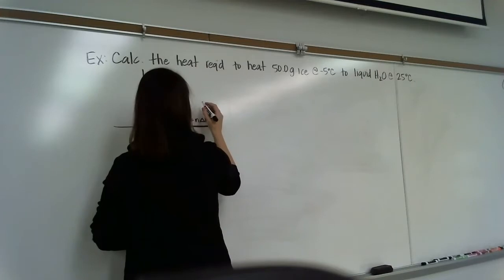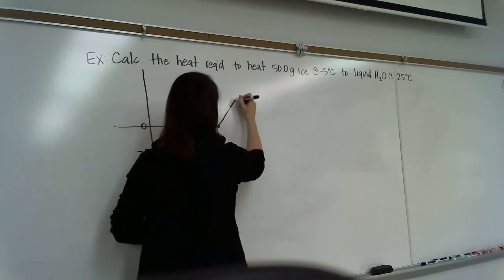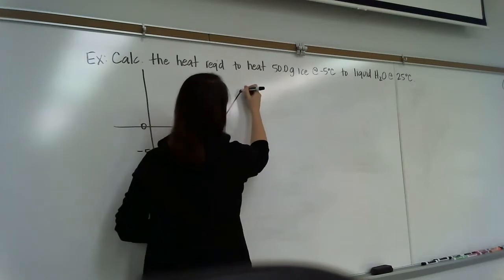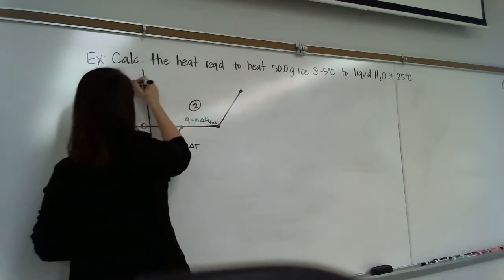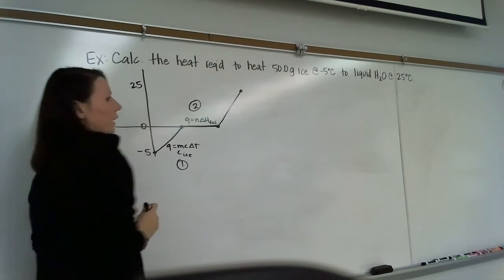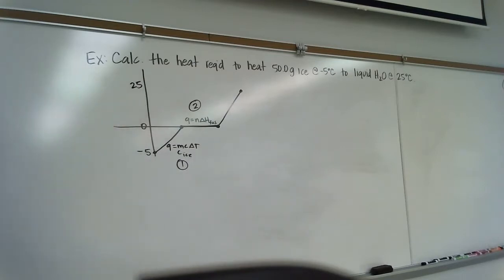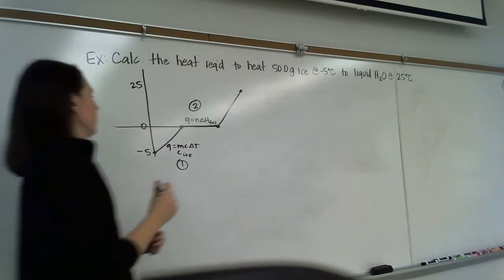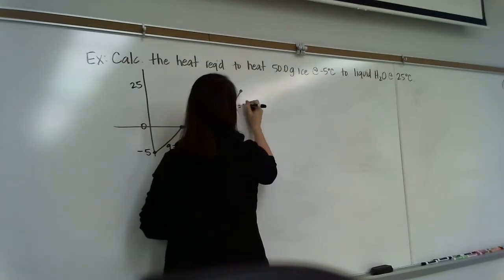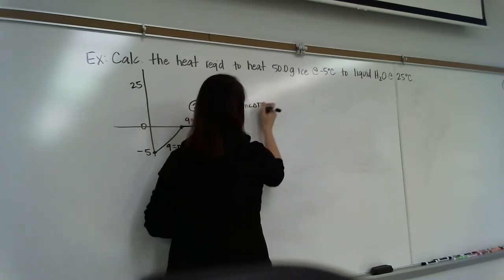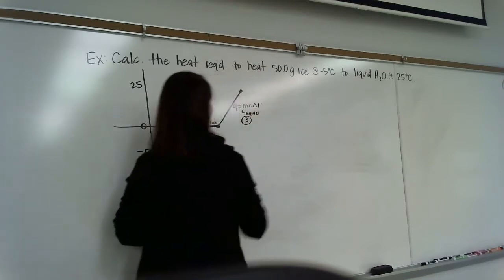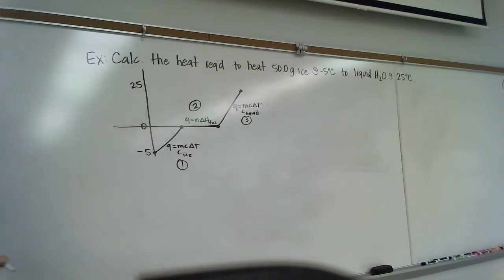And so this is calculation number 2. And then we're ending at 25. There's nothing special about 25 degrees Celsius other than it's room temperature in most calculations. So Q equals MC delta T, using the heat capacity of liquid. So that's calculation number 3.